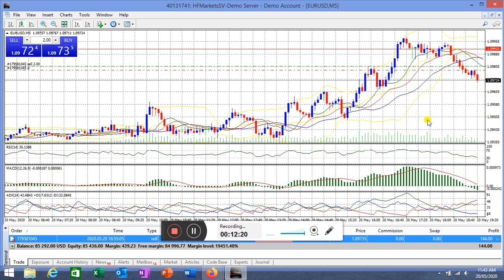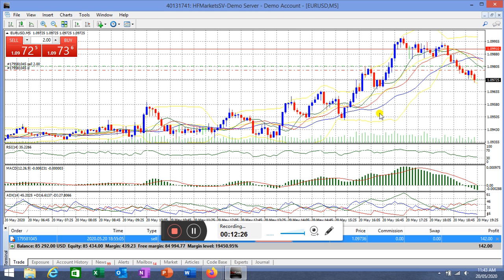Based on my setup here, for every pip I make, I make $2. So if I make 100 pips, then it's $200. If I make 200 pips, then that's $400.